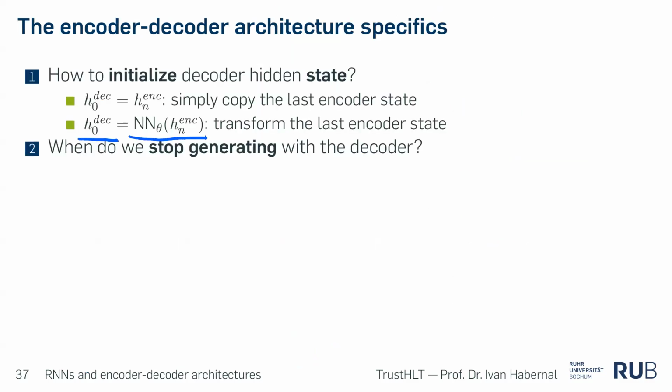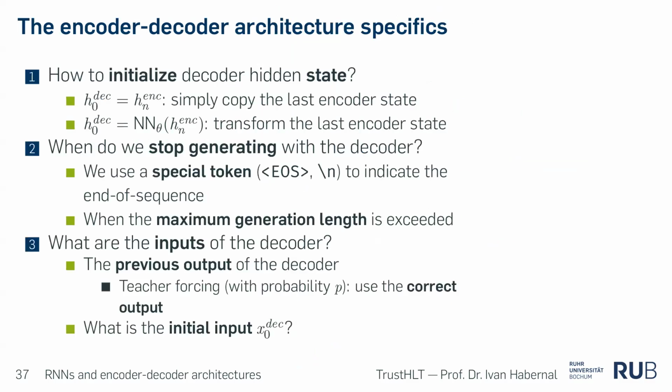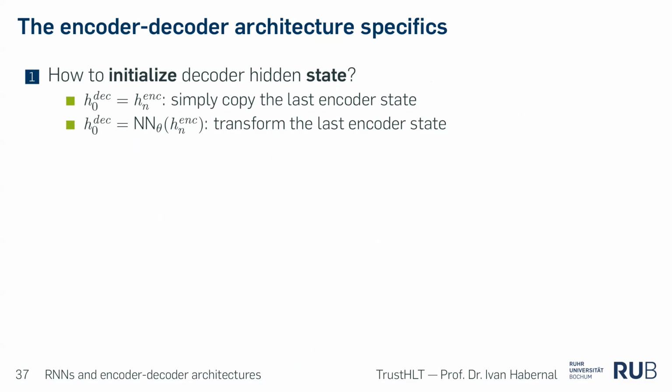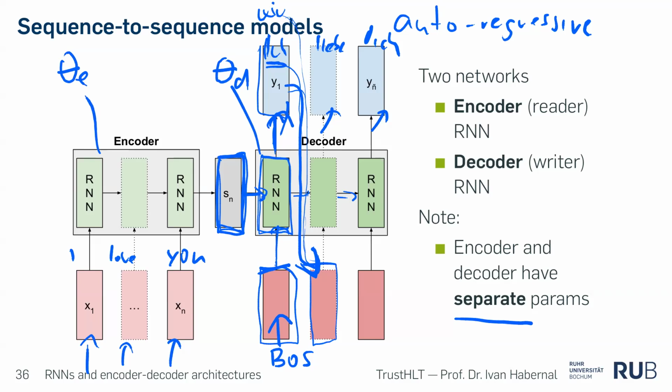It's called teacher forcing. With some probability P, we use the correct output instead of what's been translated, maybe wrongly. For example, instead of a wrong first word, we take ich and teacher force the next input. That's how you do machine translation with recurrent neural networks.